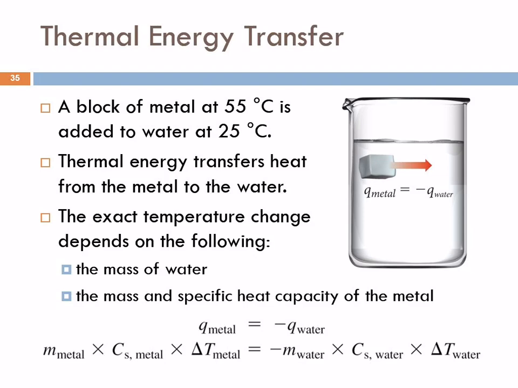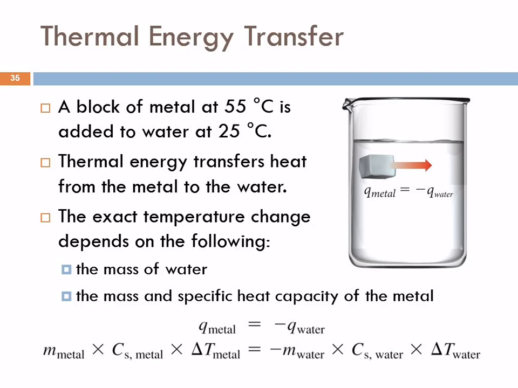So if we have a block of metal at 55 degrees Celsius and we stick it in some water that's at 25 degrees Celsius, the metal is going to lose heat energy, the water is going to gain heat energy. The energy lost by the metal is equal to the energy gained by the water. The negative sign is in here because one is a positive and one is a negative, but the number's the same.